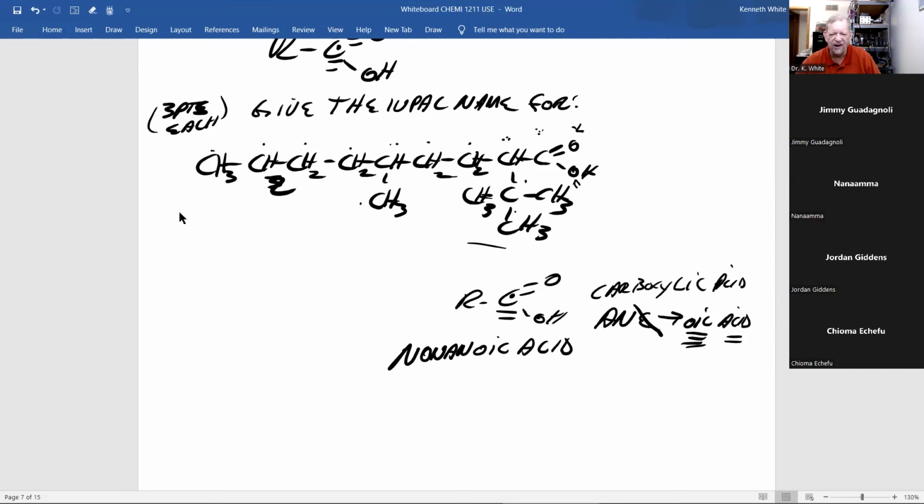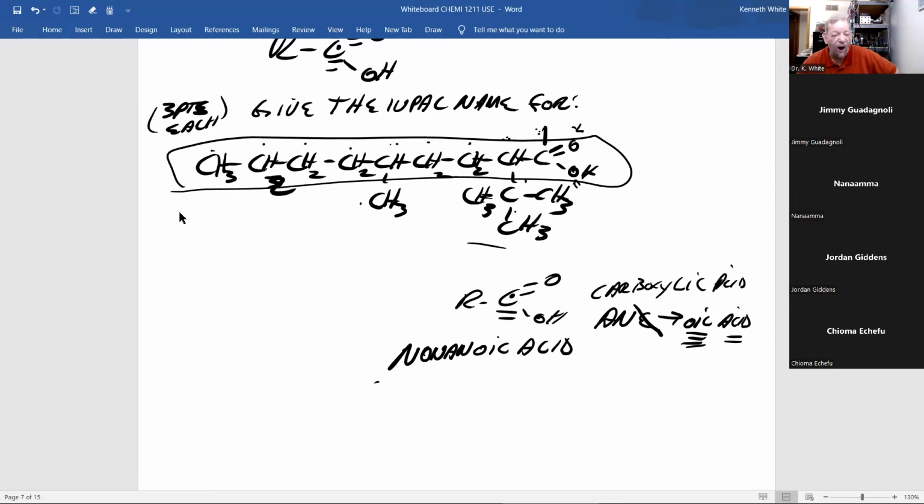The carbonyl carbon is always number 1, so you don't need a number 1 in front of there. And then, oh, look, this is all spoken for. Oh, it's your favorite group, the methyl group, and a T-butyl group, my favorite group. And if we count, this is 1, 2, 3, 4, 5.